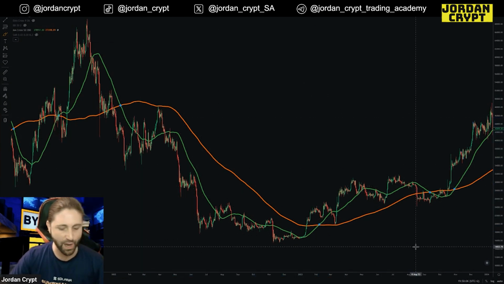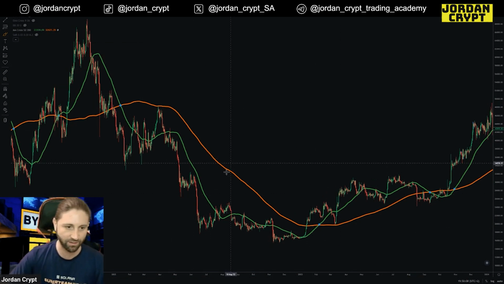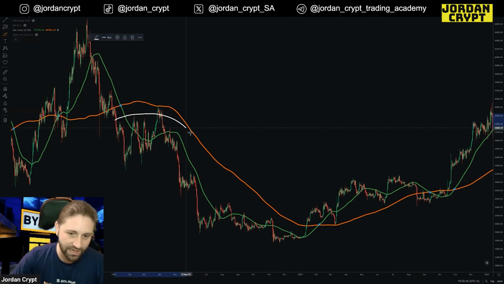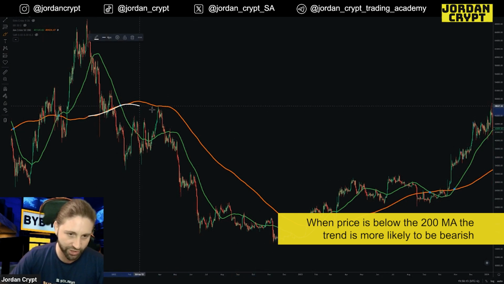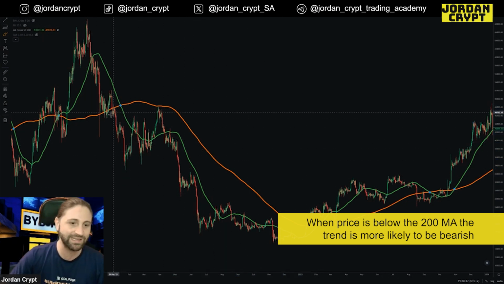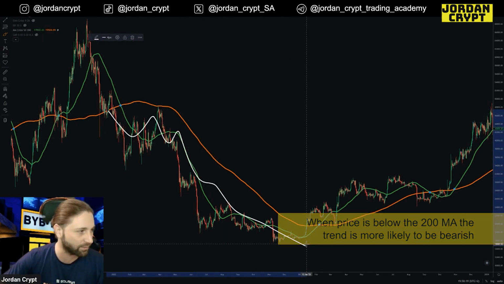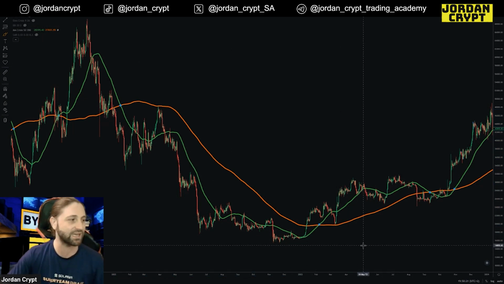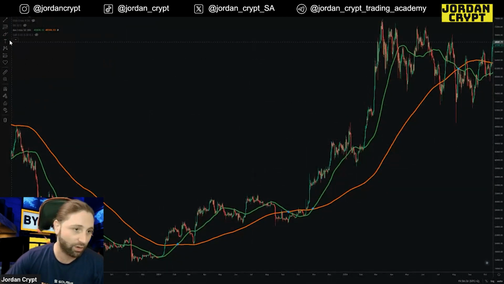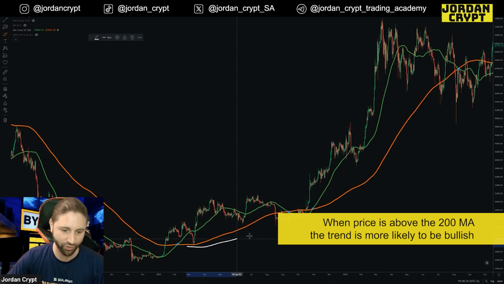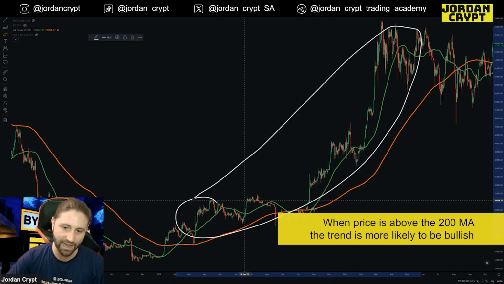And basically, the major thing to understand here is that when the price is below your slower moving average, which is your 200, when price is below your 200 daily moving average, you are technically more likely to be in a bear trend. When your price is above your slower moving average or your longer term moving average, you are more likely to be in an uptrend.